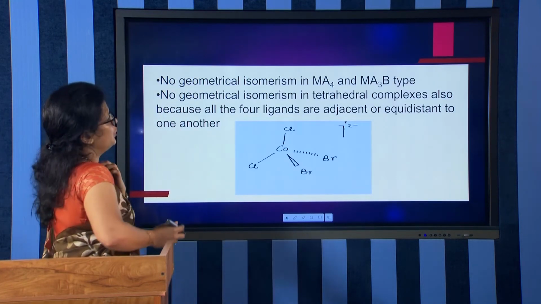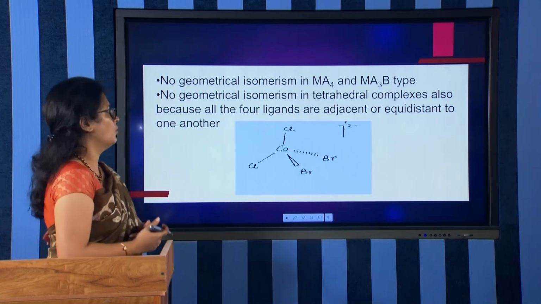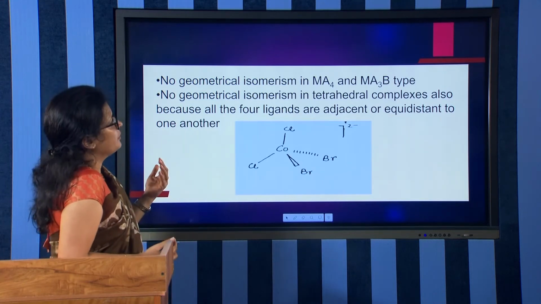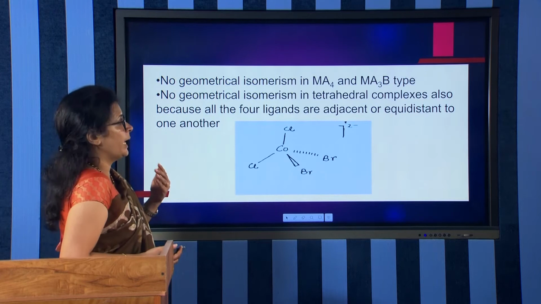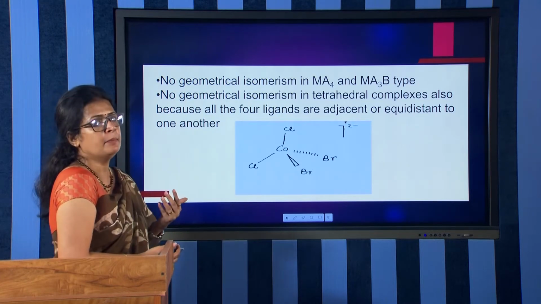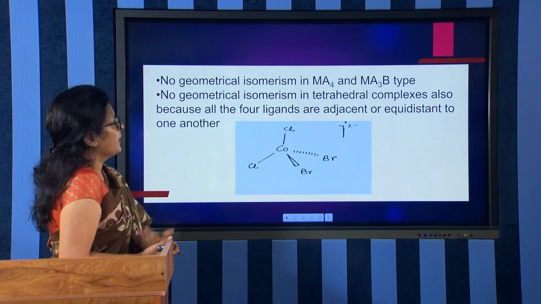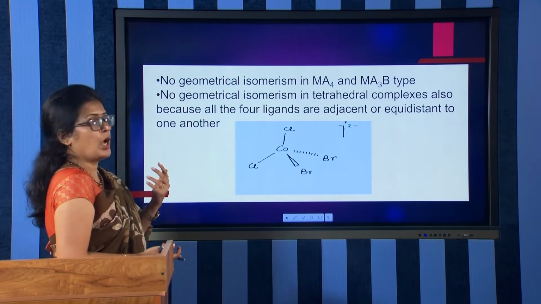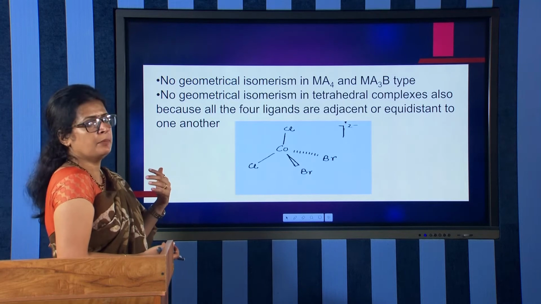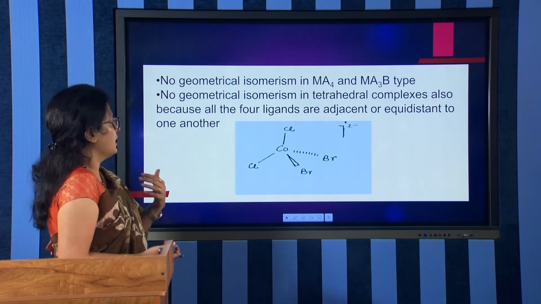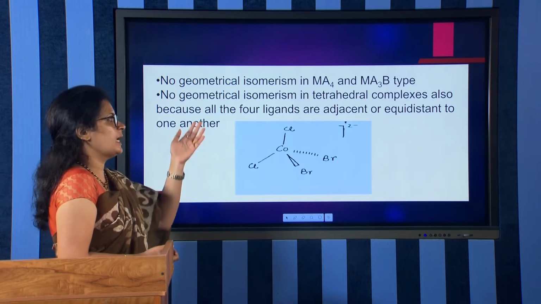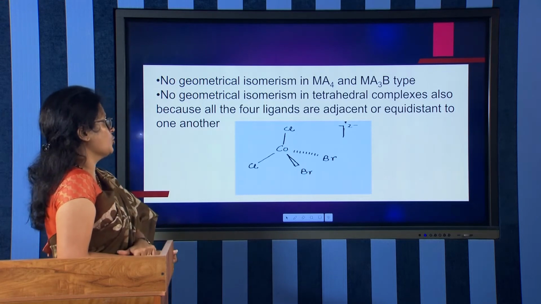And now, we can actually sum up what we have discussed. No geometrical isomerism is possible for MA4 and MA3B type. We have already discussed. And no geometrical isomerism is there in tetrahedral complexes also. This is very important to note. Why? Because all the 4 ligands are adjacent or equidistant to one another.